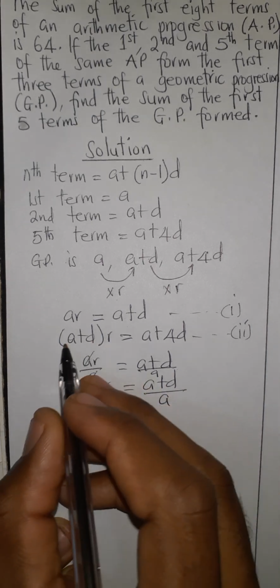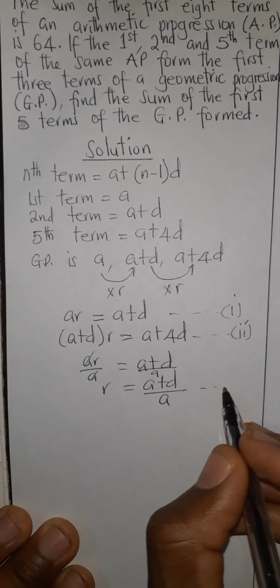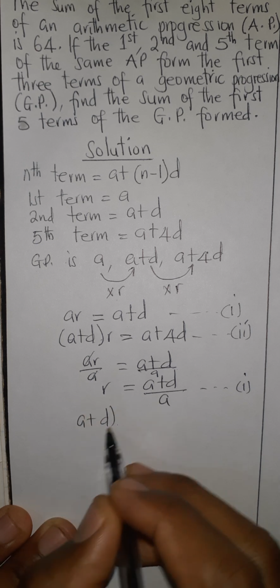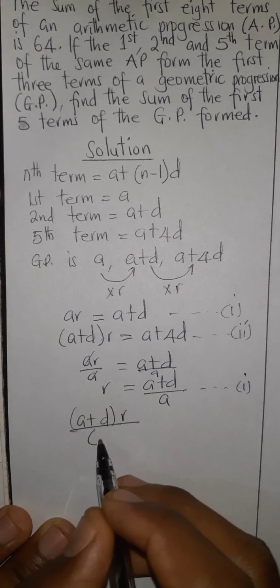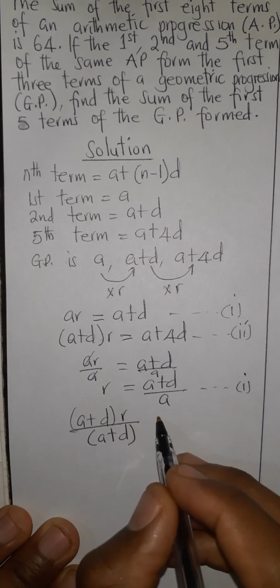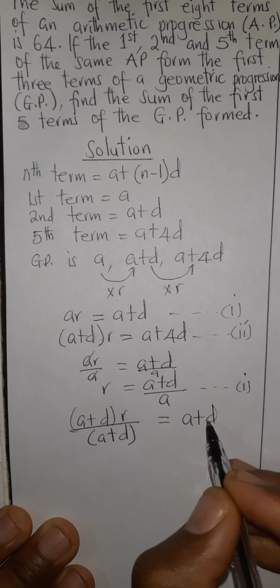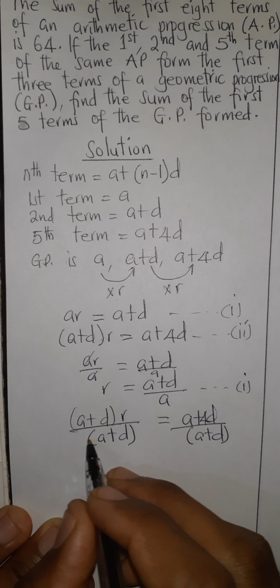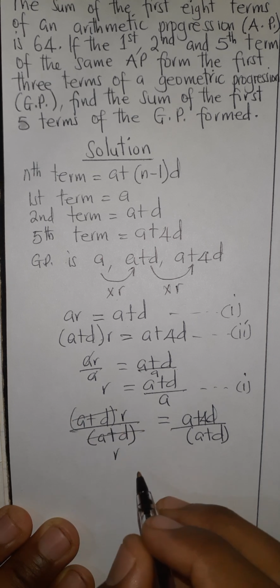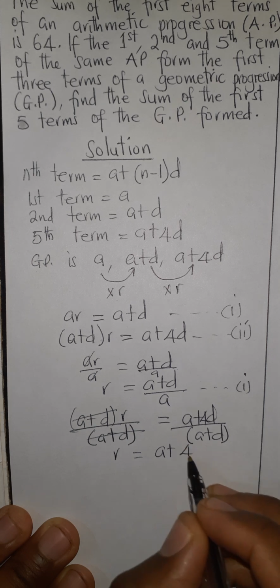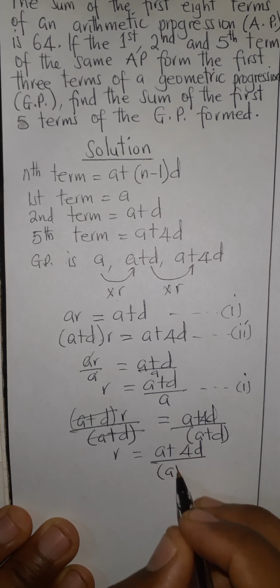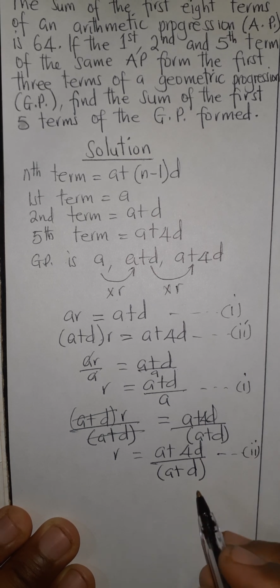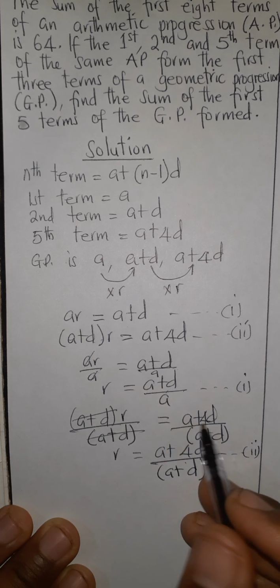Now, in the second equation, we divide by A plus D. So the second equation is A plus D bracket R equals A plus 4D, divided by bracket A plus D. Now A plus D cancels, and we are remaining with R equals A plus 4D over bracket A plus D. This is the method that we use to find common ratio.